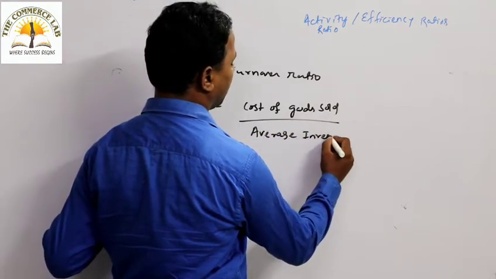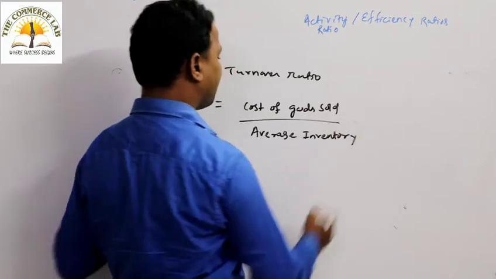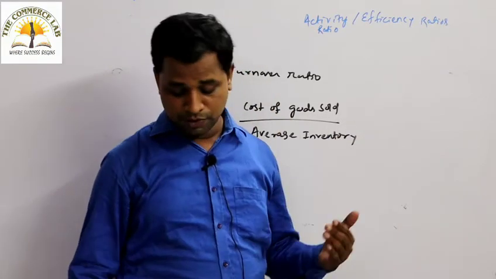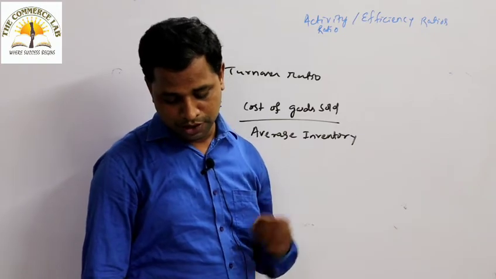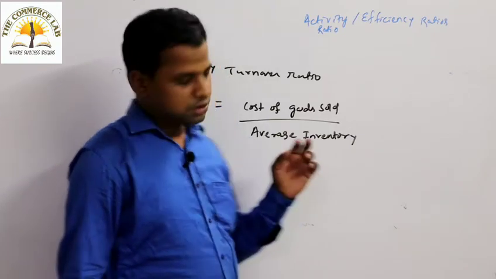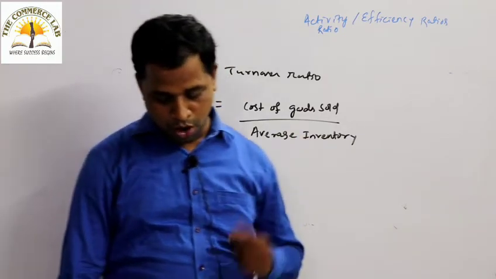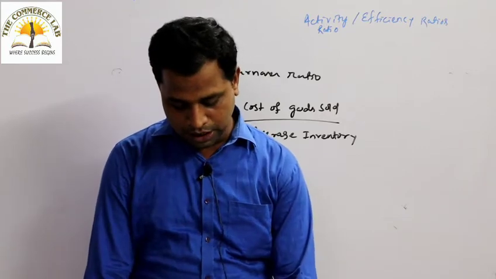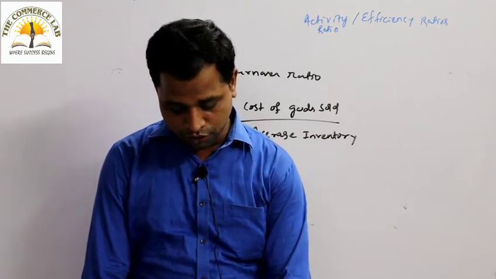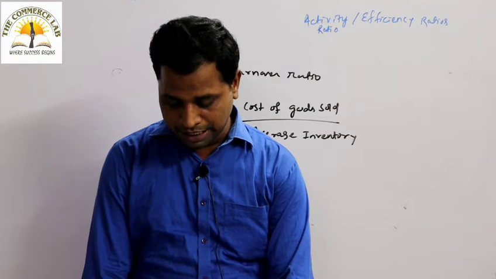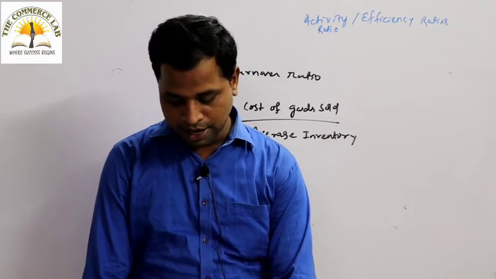This is the main formula: cost of goods sold by average inventory. The relationship between cost of goods sold and average inventory is known as this inventory turnover ratio.